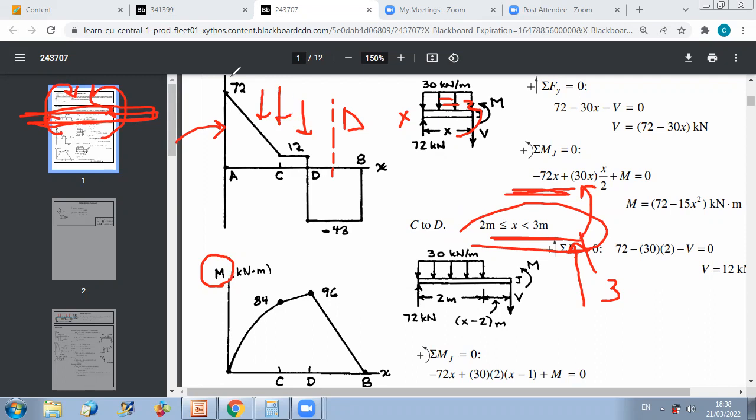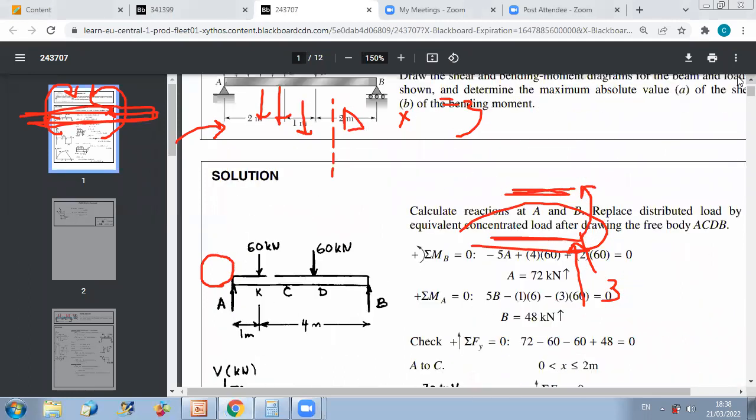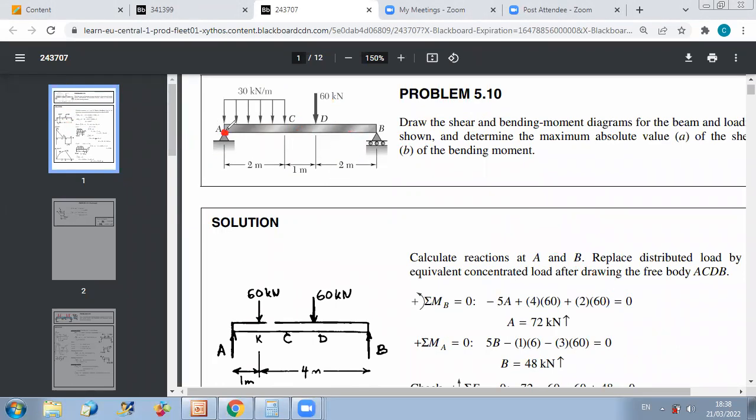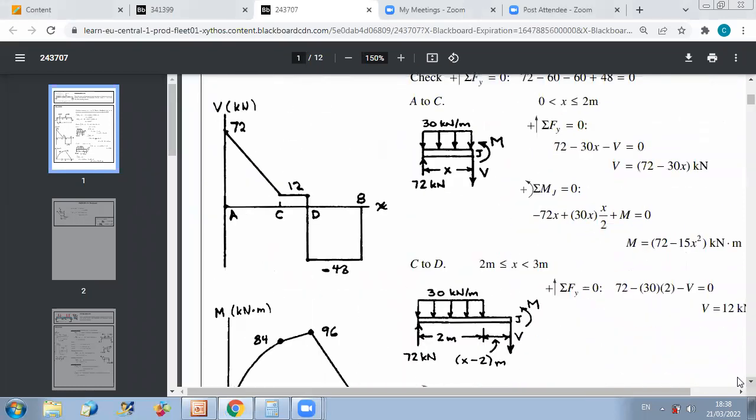And of course, by just looking at our type of load, we can say that because we have a simply supported beam and we don't have any couple, we should start with bending moment 0 at A, and we should end with bending moment 0 at B. So these are verifications for us. At B, you should verify that you end with 0, and of course at A you will start from 0. Now, we start from 0 because we don't have any couple at A.